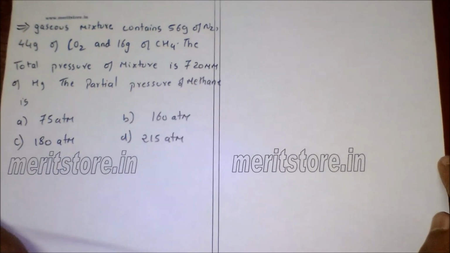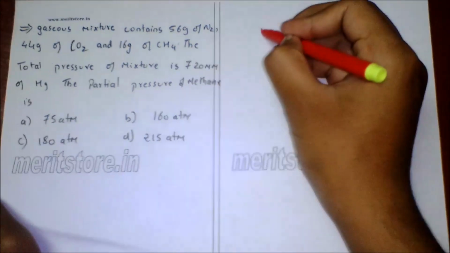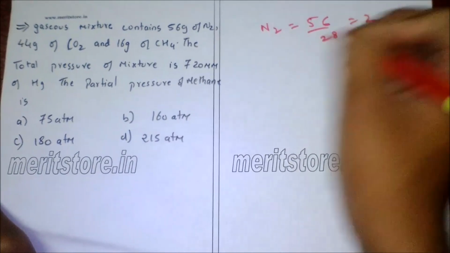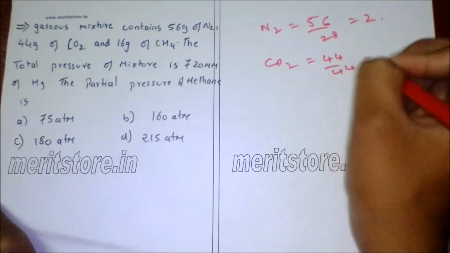Gaseous mixture contains 56 gram of nitrogen, 44 of carbon dioxide, 16 of methane. The total pressure of the mixture is 720 mm of Hg. The partial pressure of methane is. So first of all, we have to calculate the number of moles. Number of moles of nitrogen is equal to 56 by 28, which is 2. For CO2, it is 44 by 44, which is 1.